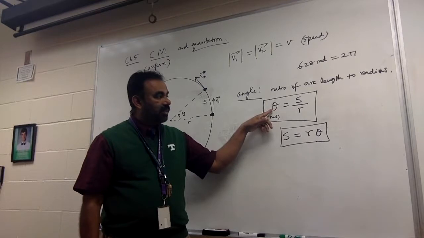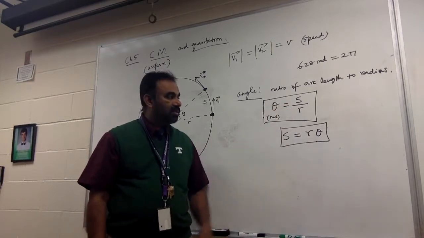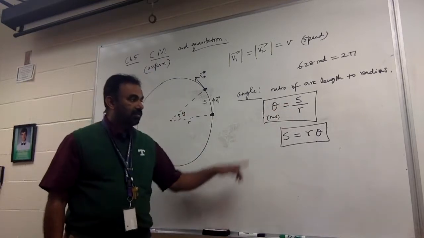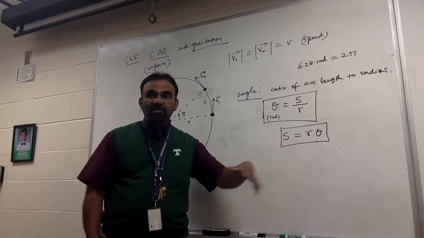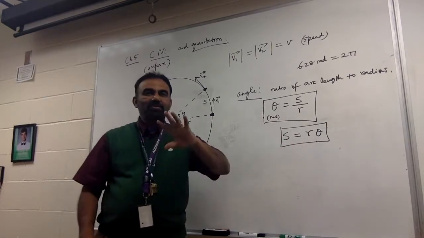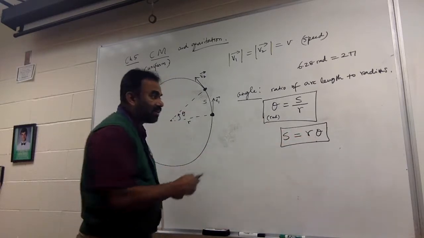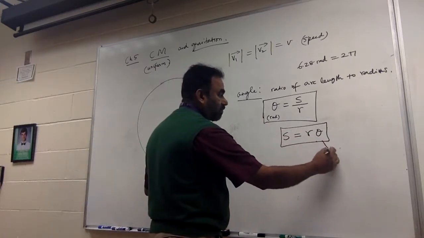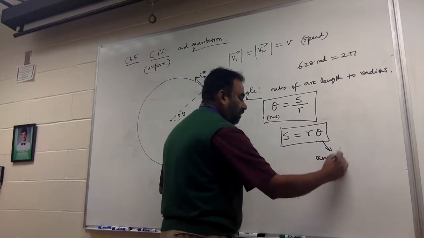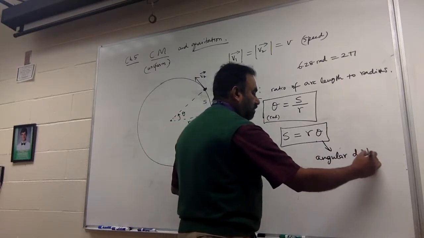So theta is equal to S over R is an equation that will be very commonly used. S is equal to R theta. Because we are talking about circles, we need to know exactly what's the connection between these. Now theta is also called angular displacement.